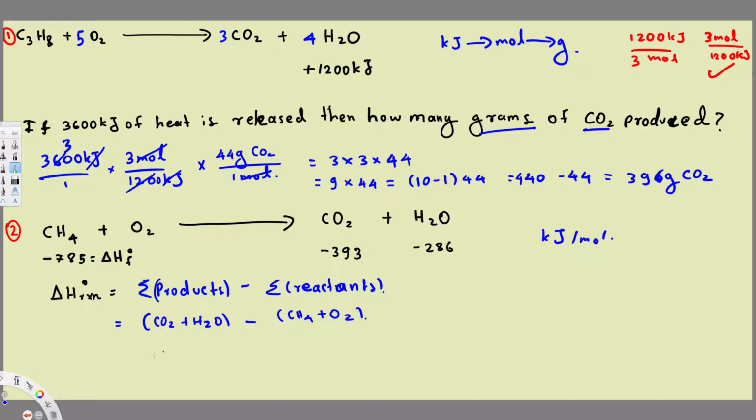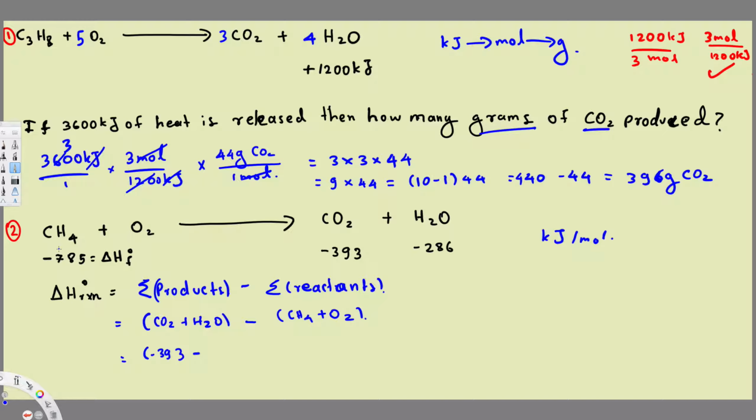So let's add them together. Here in the sigma products we have negative 393 plus, and there's a minus right here, so we can directly put the minus. That's going to be 0. And one thing before we go ahead and do this, we have to balance this equation. So let's do the balancing.